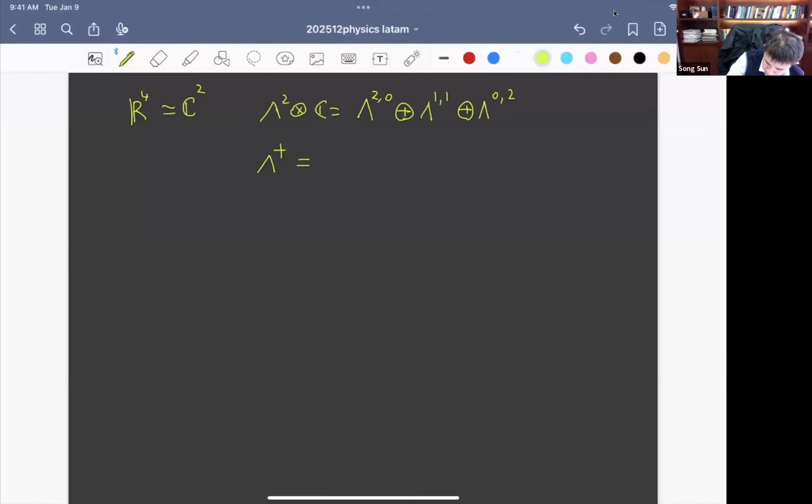So this is g, the standard metric g corresponding to the Kähler form omega. So this is the form generated by omega and the real part of lambda 0,2, and lambda minus is the primitive part.